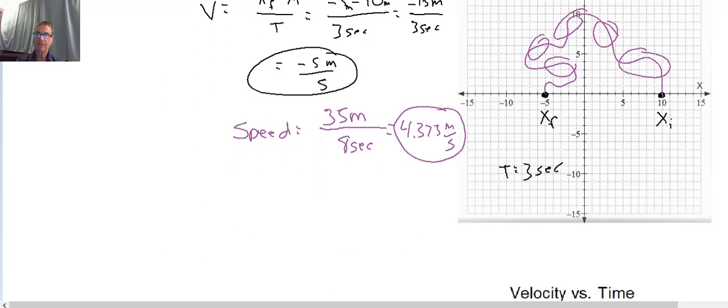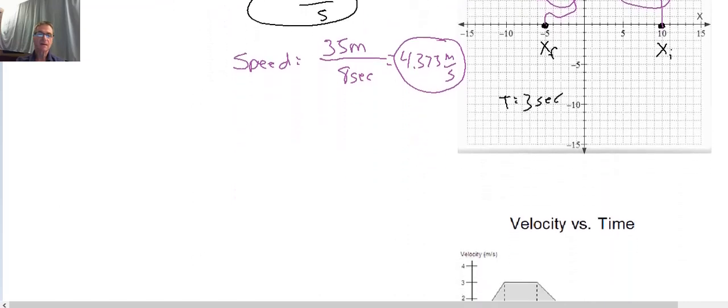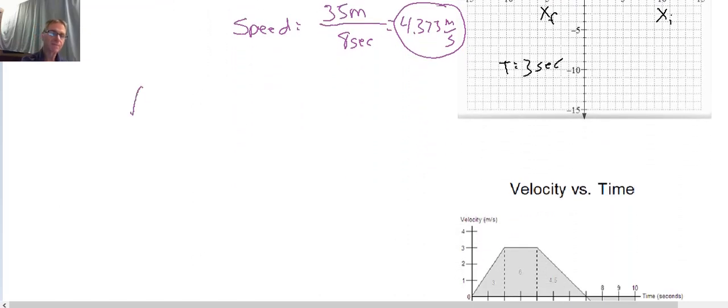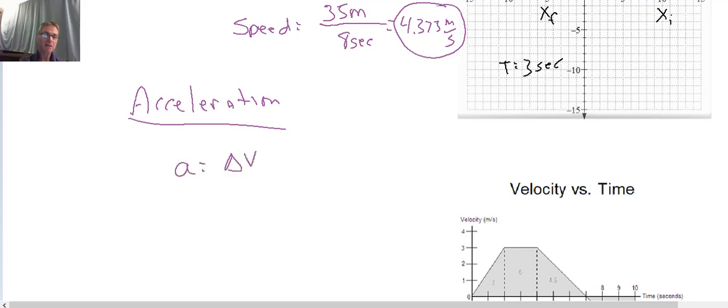Last thing we want to take a look at is acceleration. If velocity is the change in displacement over time, acceleration, a, is the change in velocity over time. When we're sitting at a stoplight in our car and we stomp on the accelerator, what happens?